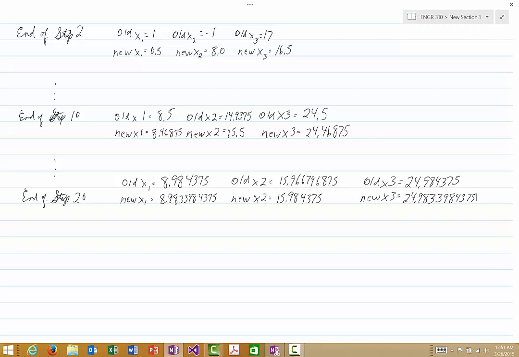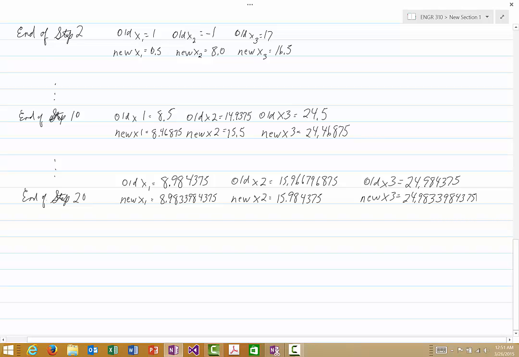And it would typically be something like when the percentage difference between the new value and the old value is less than a certain amount for each one of the variables. It needs to be for all of them, not just for one of them. Then you would quit. And so if we decided to quit here at step 20, then we would take our answers to be these new values for x1, x2, and x3.